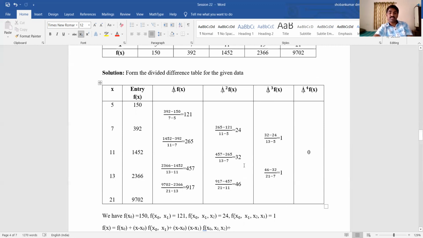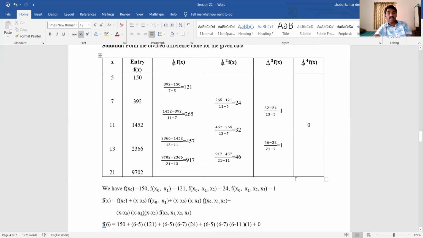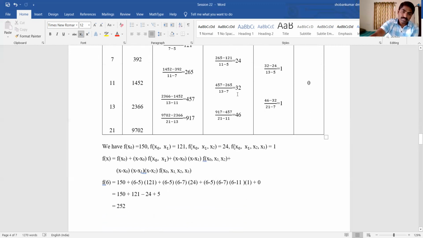For the third divided difference, 32 minus 24 divided by 13 minus 5 is 1, and 46 minus 32 divided by 21 minus 7 is 1. And the fourth divided difference is 1 minus 1, which is 0, divided by 21 minus 5, which is also 0.